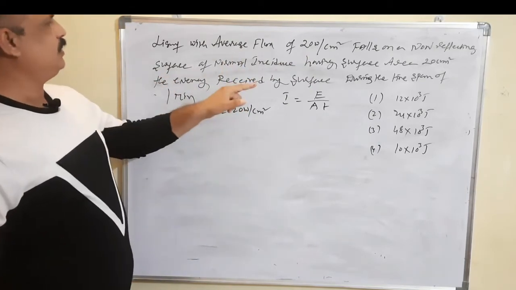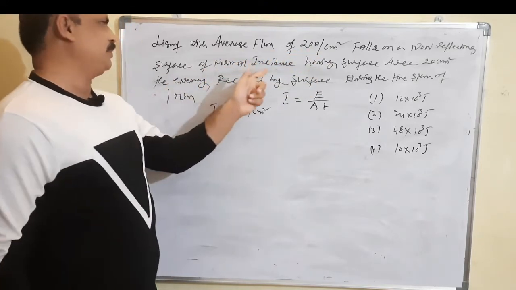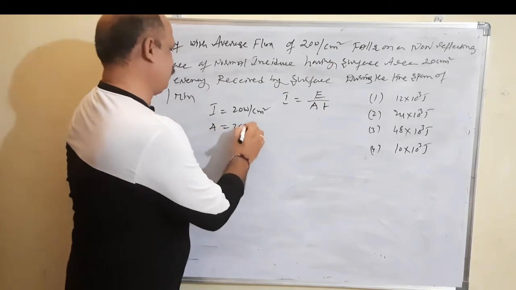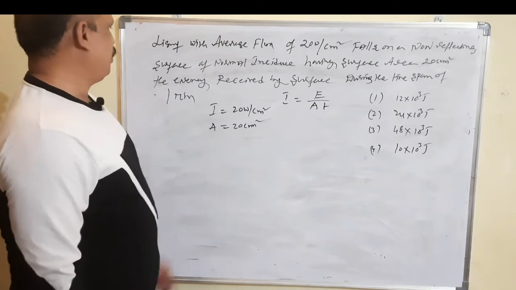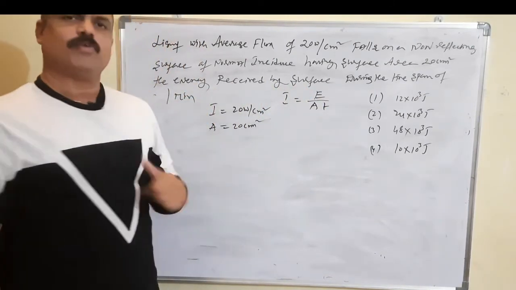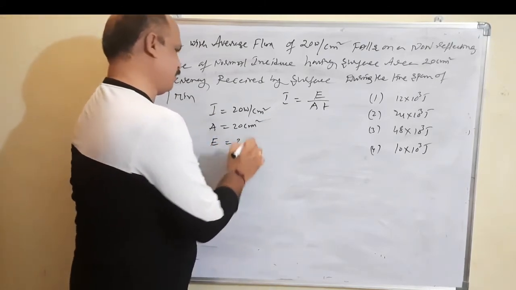That intensity, average flux, falls on a non-reflecting surface at normal incidence having surface area A is equal to 20 centimeter square. Now we want to find out the energy received by the surface during the time span of 1 minute. So here E is equal to question mark.